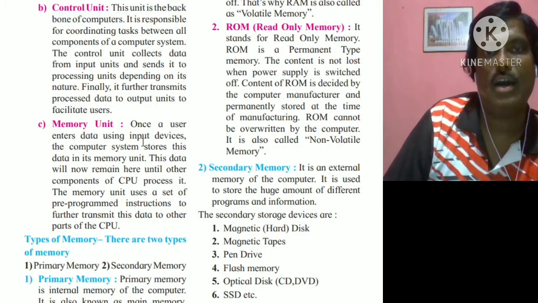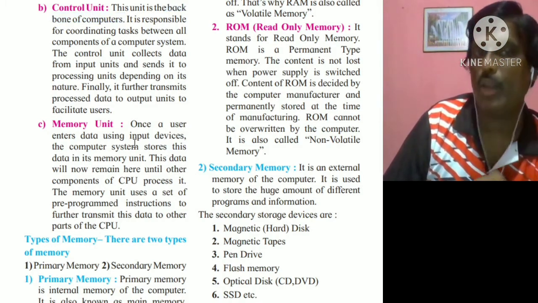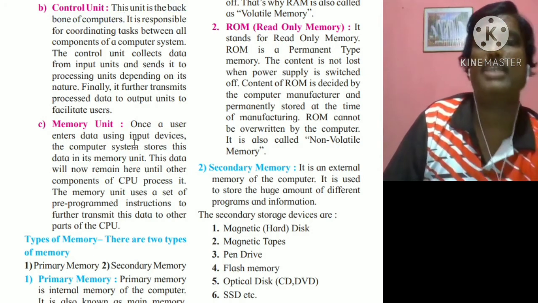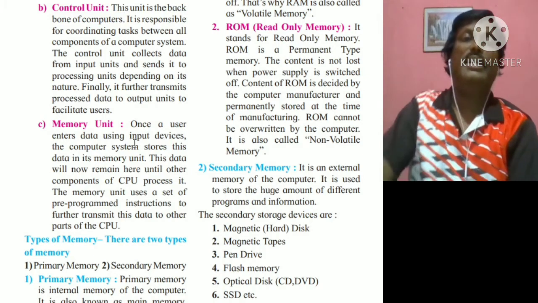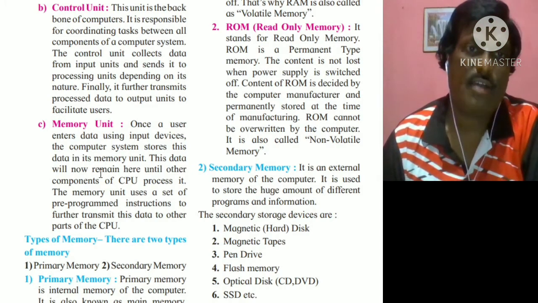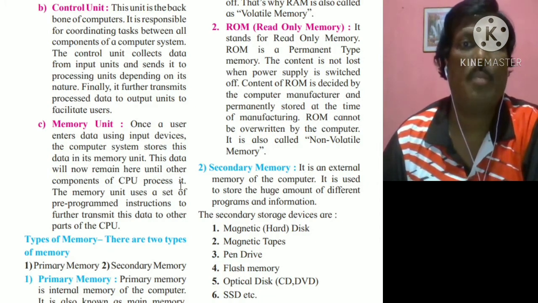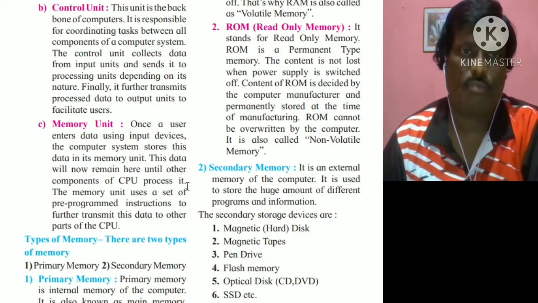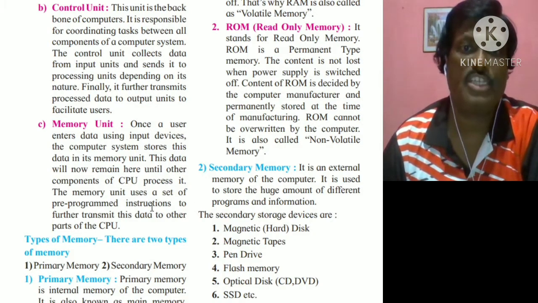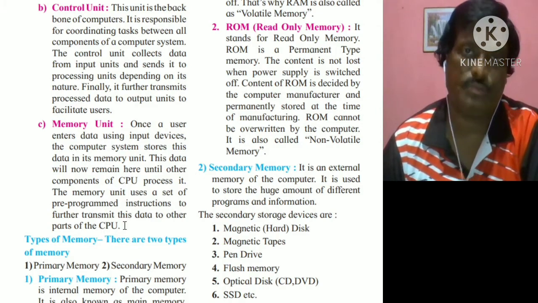Once a user enters data using input devices, the computer system stores this data in its memory unit. This data will now remain here until other components of CPU process it. The memory unit uses a set of pre-programmed instructions to further transmit this data to other parts of the CPU.